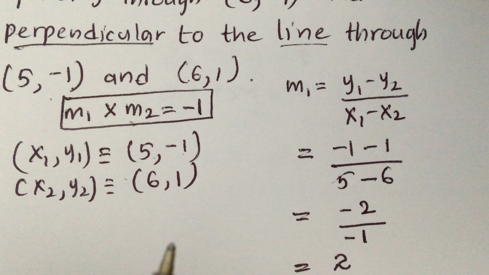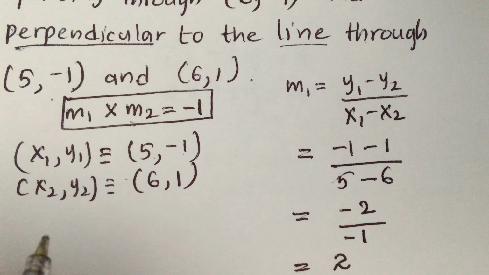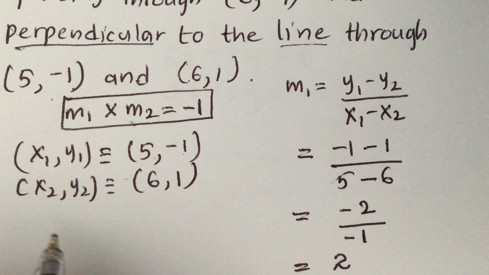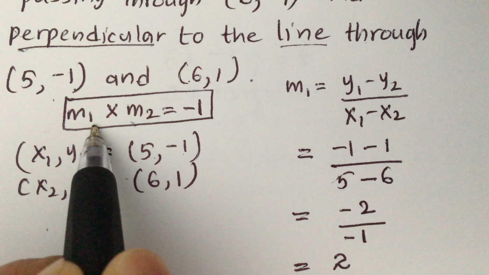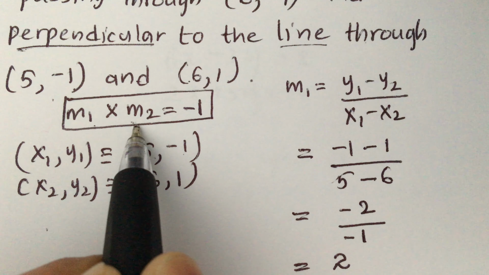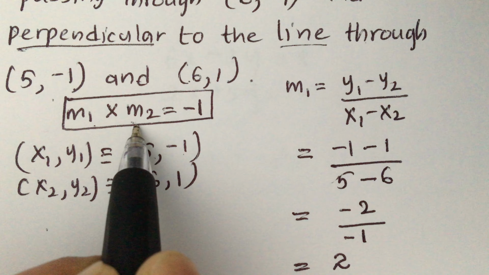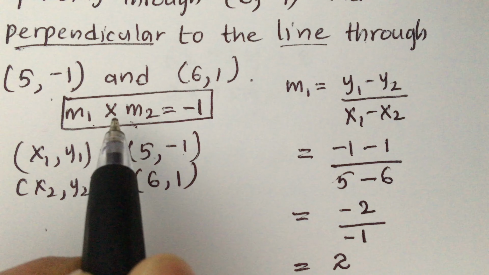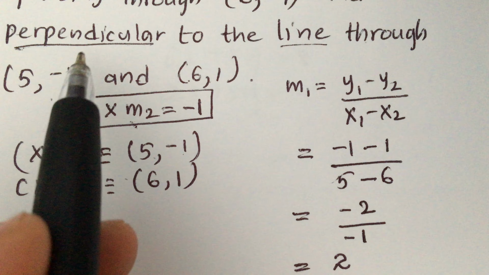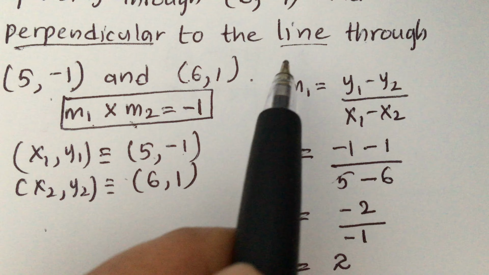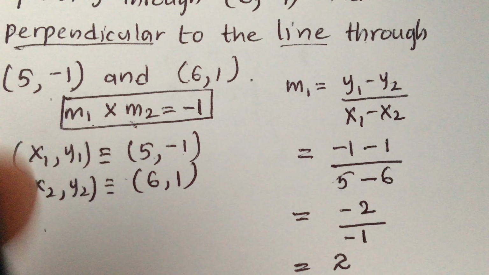Okay, so then what can you find now? The slope m1 is 2. I'm going to use this property to find m2, right? Because the required line is perpendicular to this line, so I'm going to use this relationship.